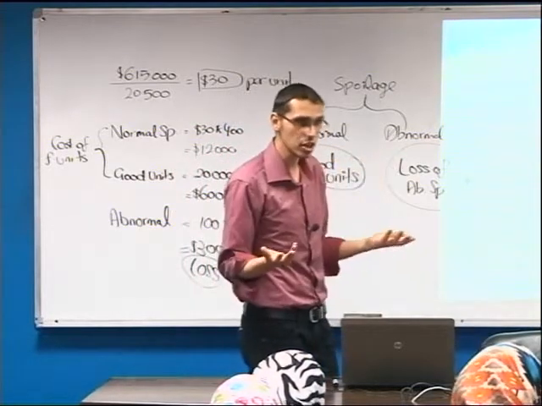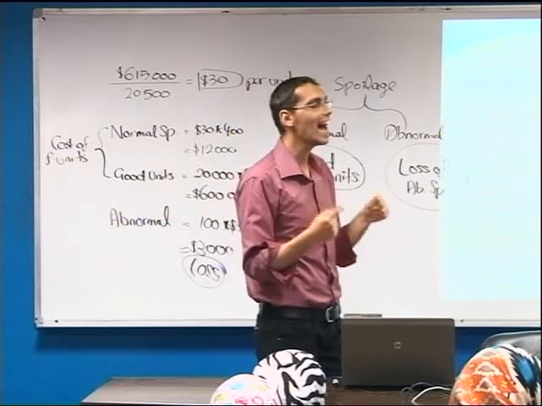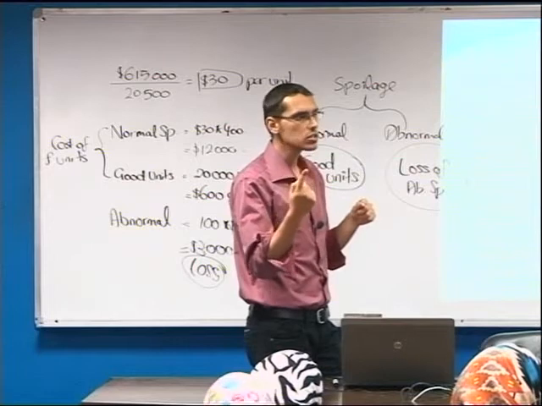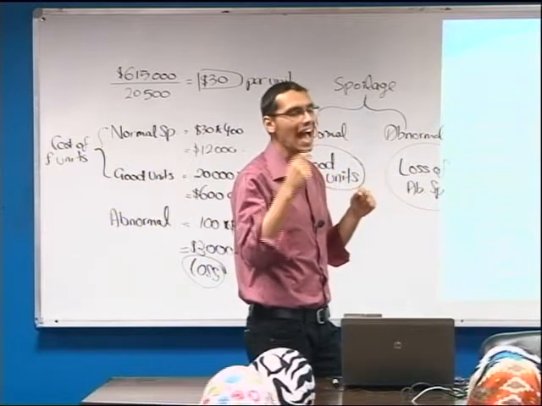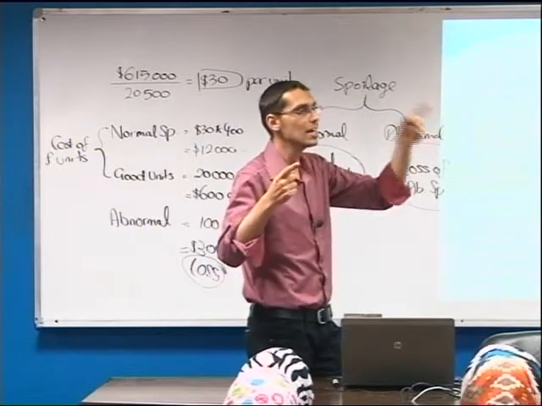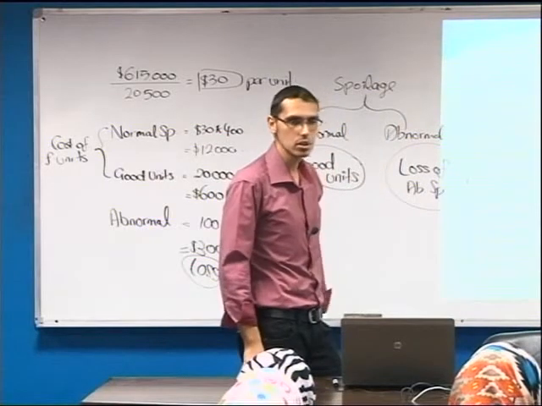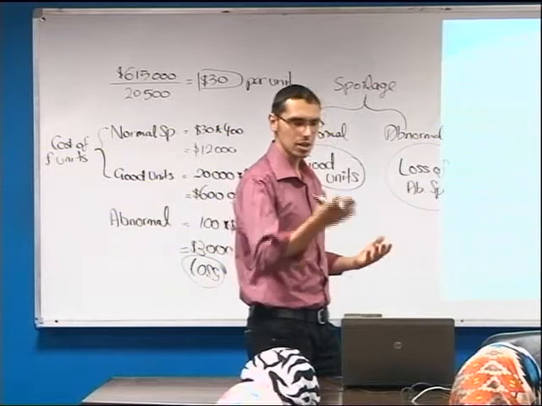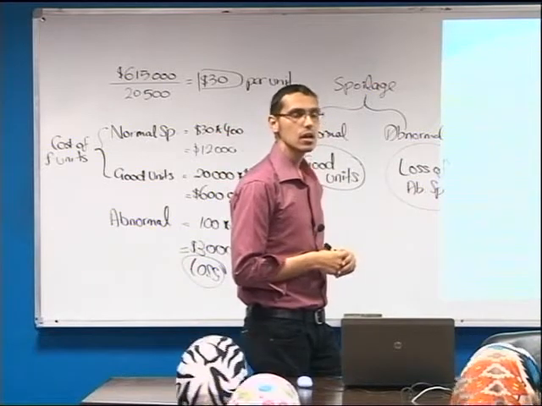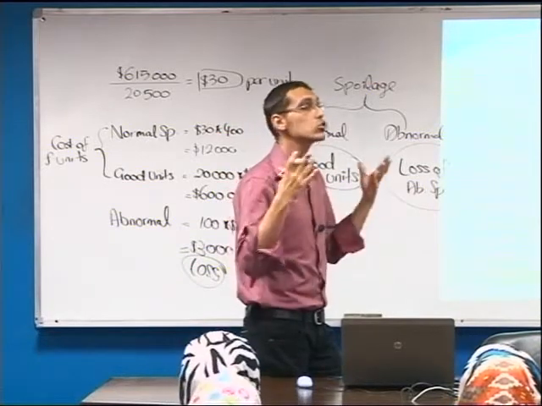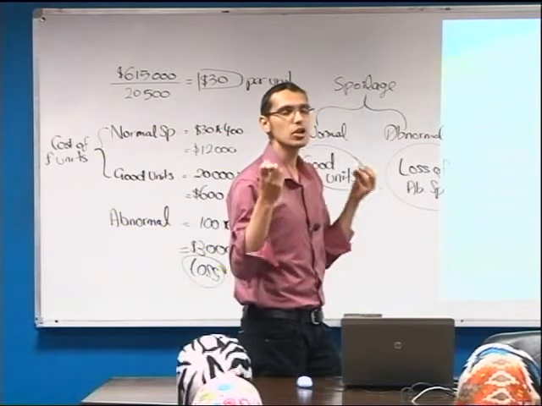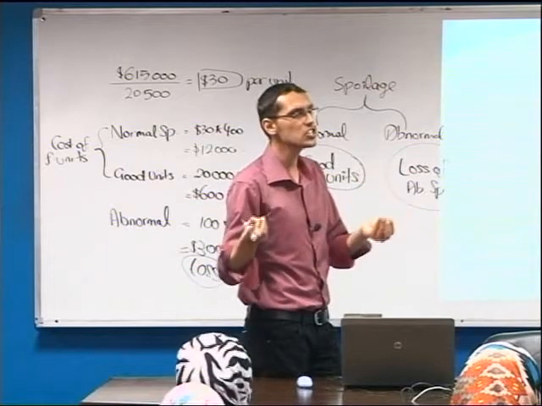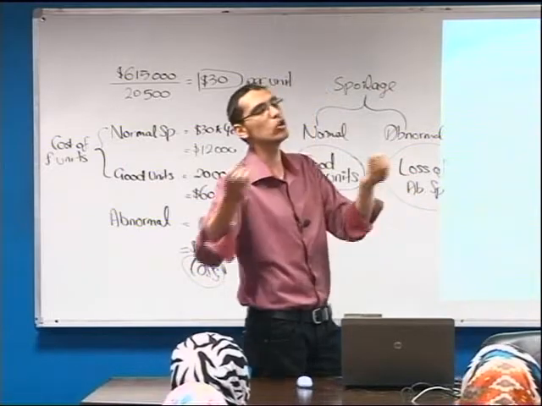Because as we said earlier, we would not have any good units unless we incur some sort of normal spoilage. That's why a lot of the books, like the book we have, and a lot of cost reports, determine the percentage of normal spoilage as a percentage from good units.